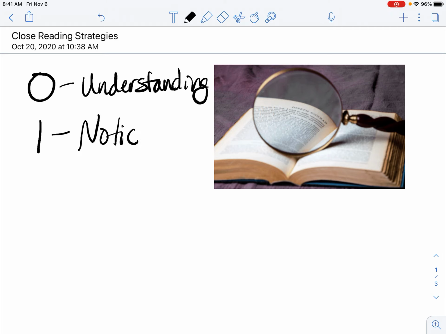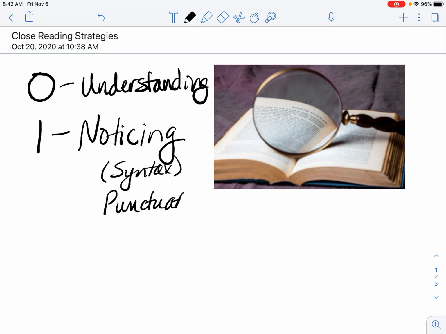This is when I pay attention to the smaller points of the language. What do I notice about how the sentences are structured, or syntax? What do I notice about punctuation? Is it usual or is it different? Does the author use it differently?